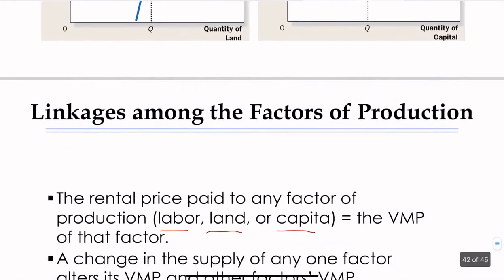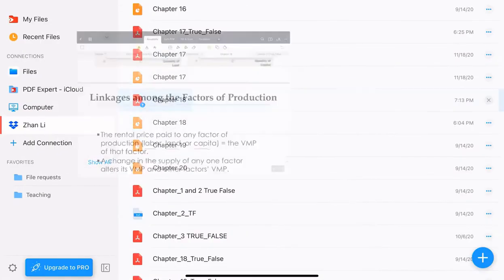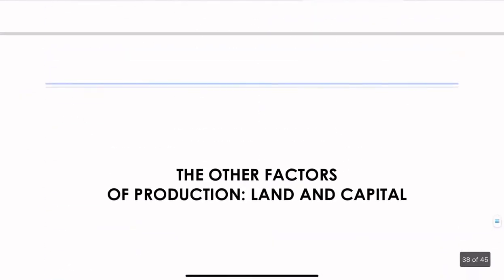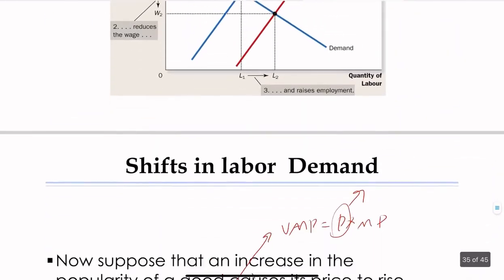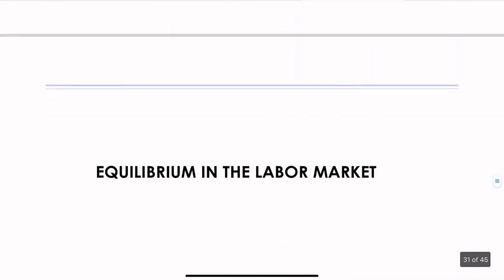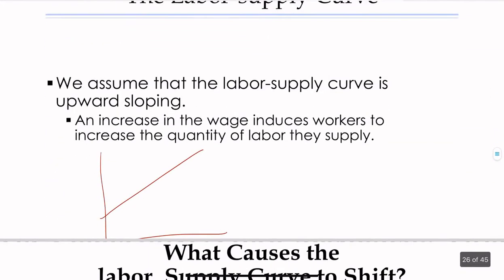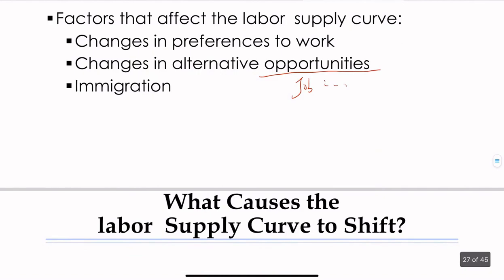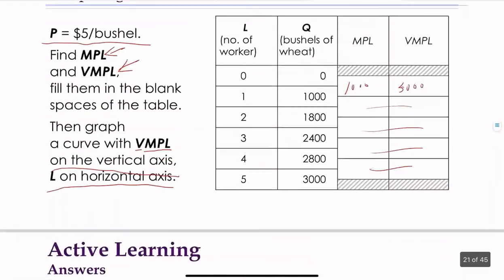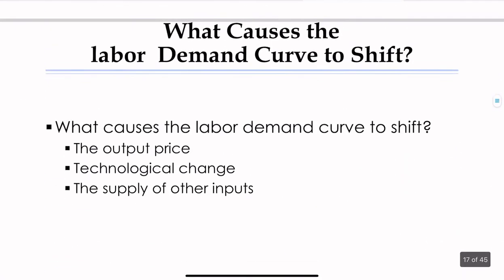Because in the apple pickers example, let me go back to this apple pickers example. I have to swipe to the correct page. So we have learned about this third reason.